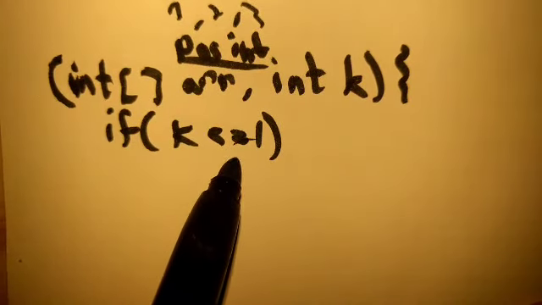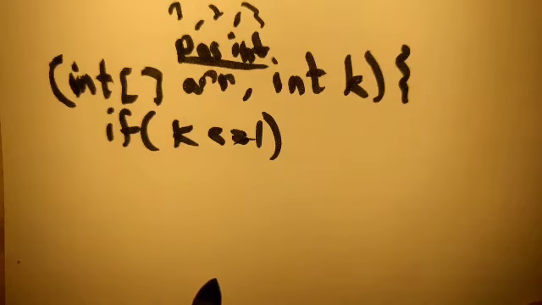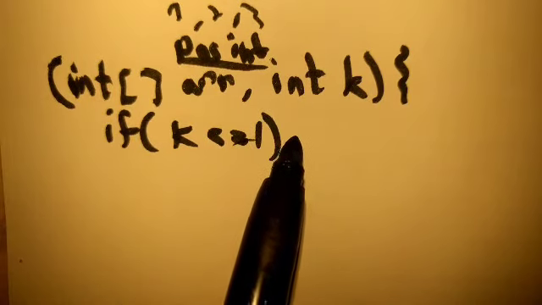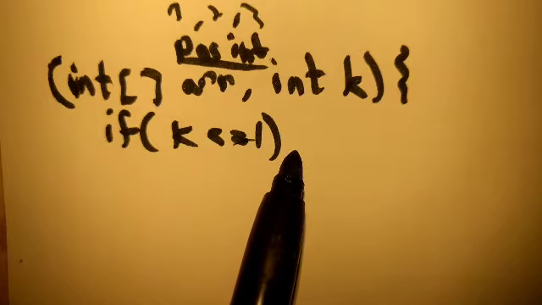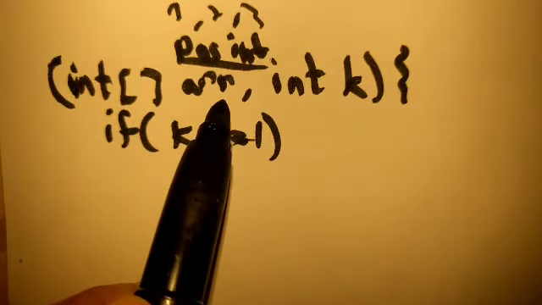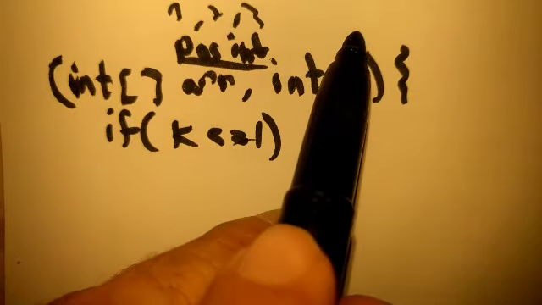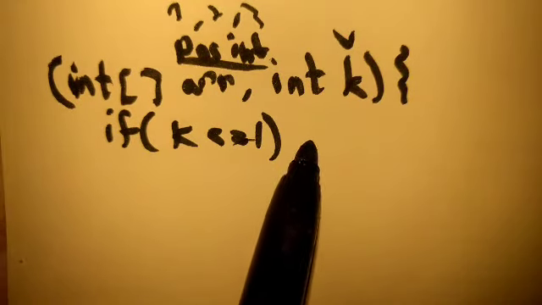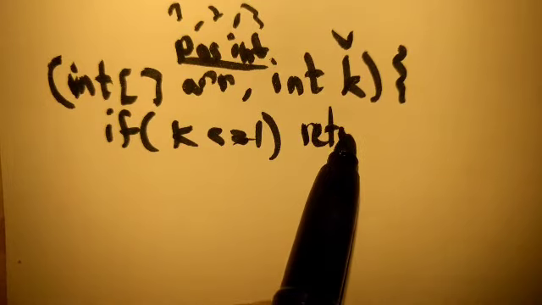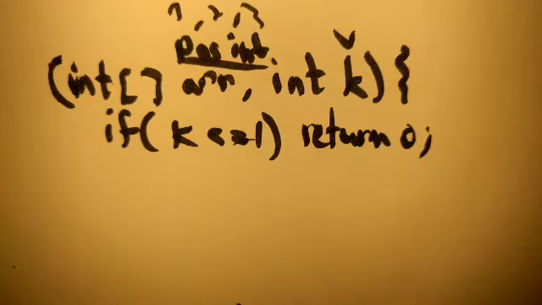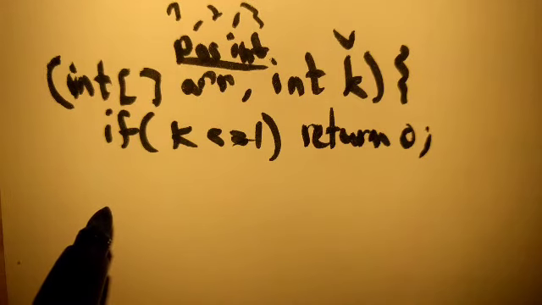So if k is less than or equal to 1, then the only way the array would have any item less than k would be if the array contains 0. But we said we want items less than k, not less or equal, so we simply return 0, because all the items are positive.